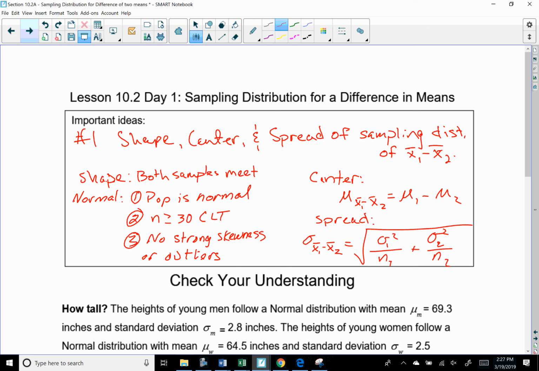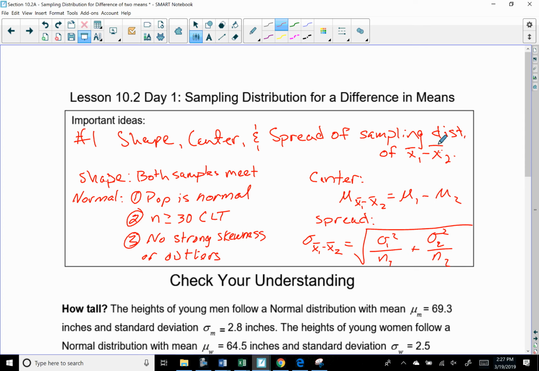Shape, center, and spread of a sampling distribution of x bar 1 minus x bar 2. Maybe I should clean that up a little bit. So the difference in sample means. So shape. Both samples must meet our normality, right?